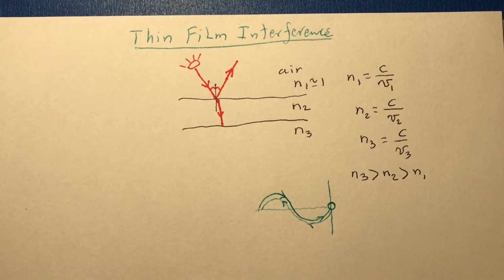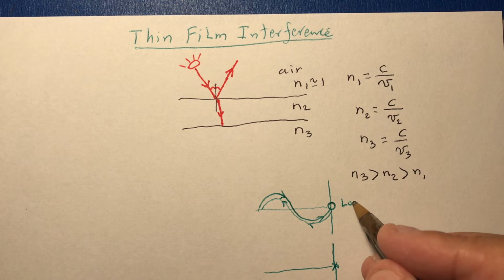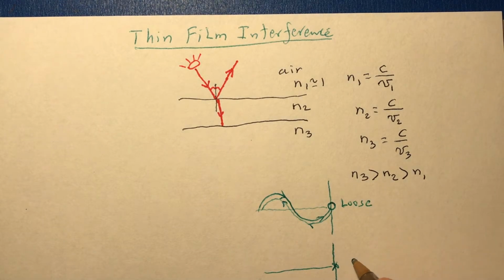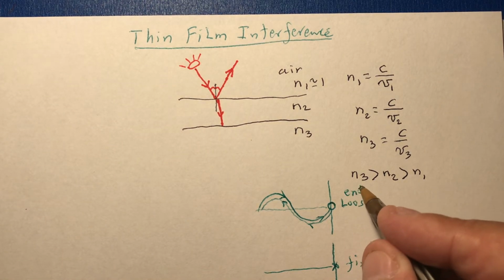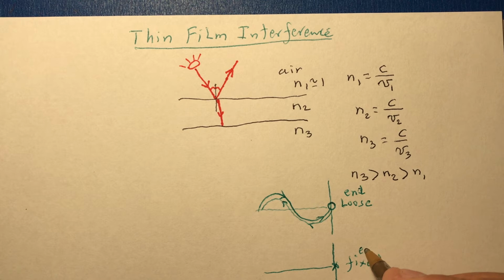Now, if the end of the rope is fixed, here I would put end loose, and here end fixed.